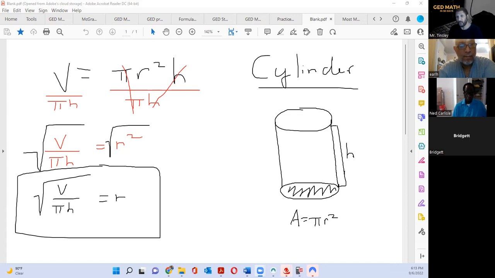Okay, so that's how you do it. Again, the reason we take the square root is that the inverse operation of squaring something is square root. This is why in Schoology, I have quizzes for squares, square roots, cubes, and cube roots, so you can see the direct correlation between the two.